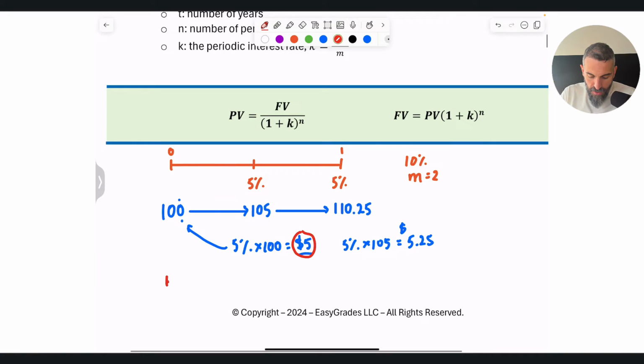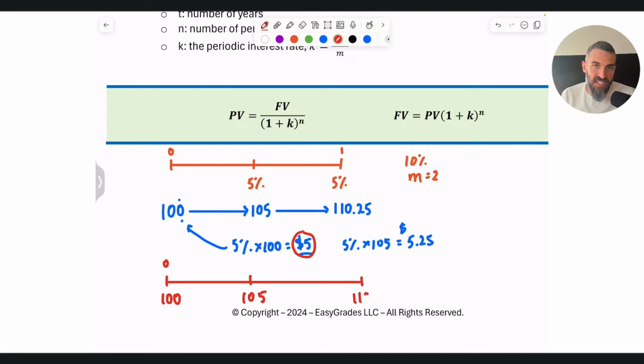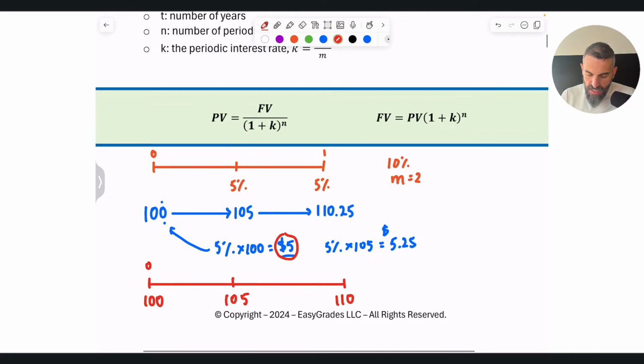If I were to draw another timeline just like this one, but with 5% simple interest, I would be gaining exactly $5 every single time, you see? Because I would be earning the interest only on the principal. There would be no interest on interest. Again, more on that in another lesson.